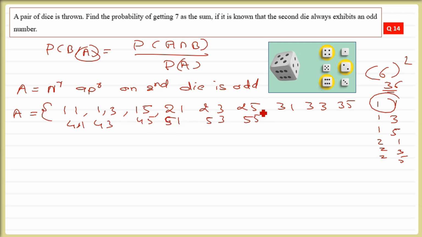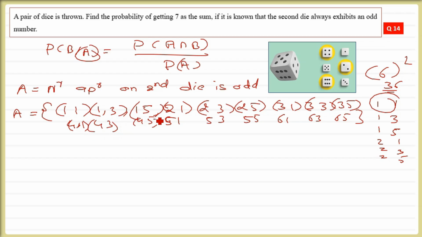I'm just changing the numbers from 1 till 6 for the first die. So this is how you have to write, and all of these experiments in this event are elements which have to be inside round brackets and they need to be separated by commas. That's the essential part of doing this.